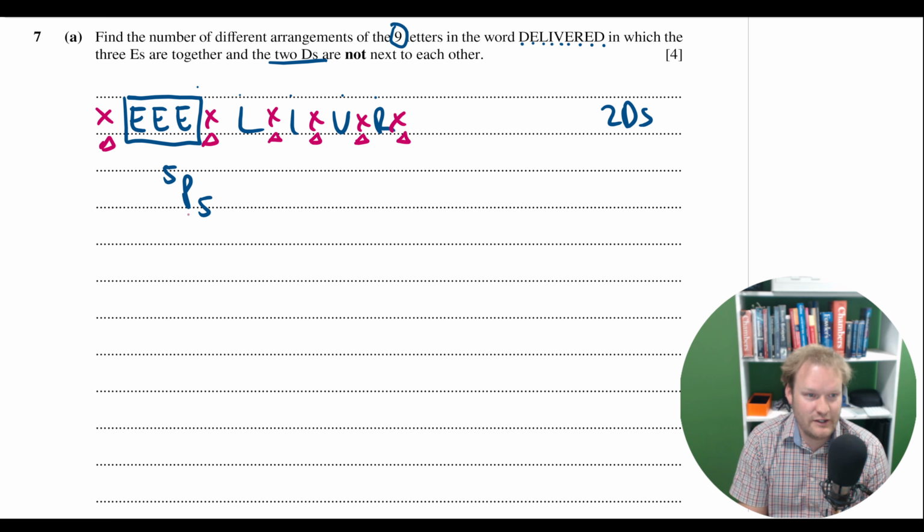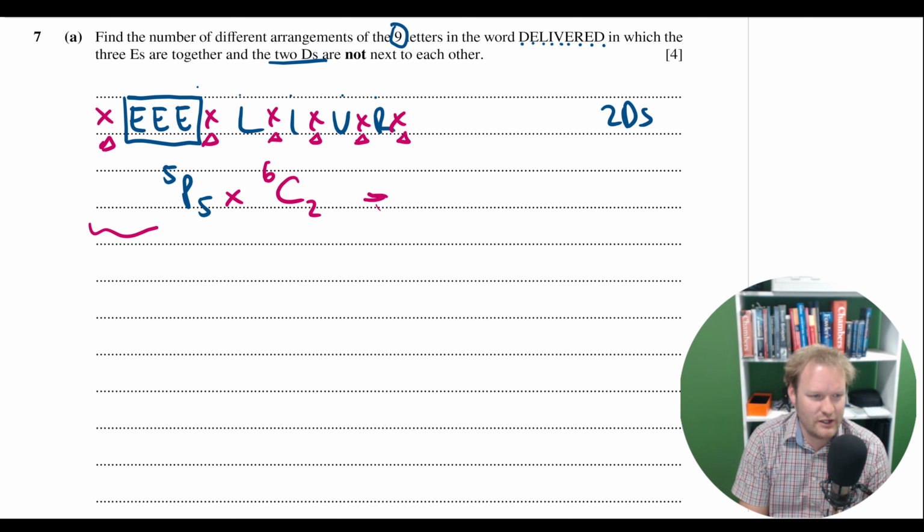After we've got our 5P5 ways of doing these 5 objects, we choose from those 6 spots, 2 to put our 2 D's. And we get 1,800.